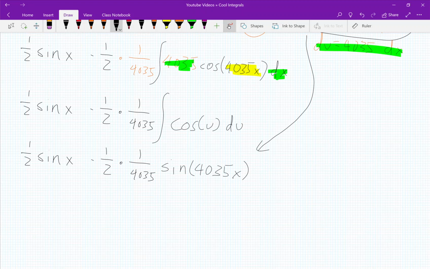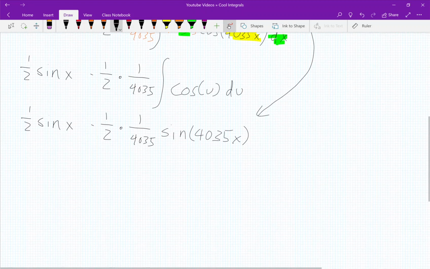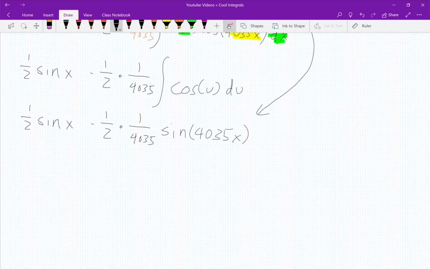Now let's just simplify things even more just by multiplying things together. This is simple algebra. Sine of x over 2 minus sine of 4035x, give them brackets.